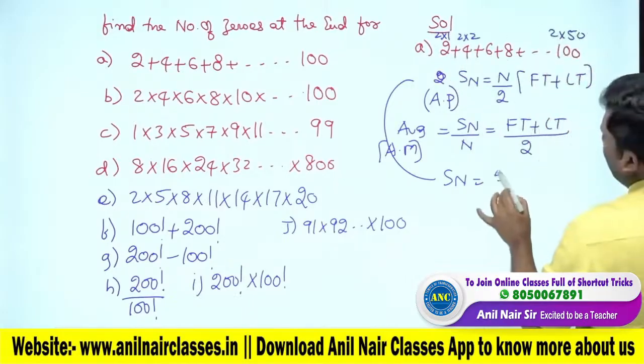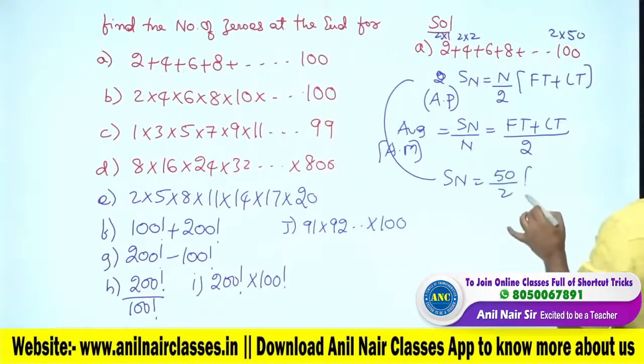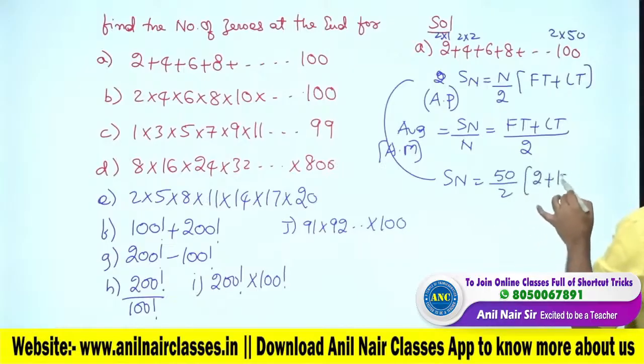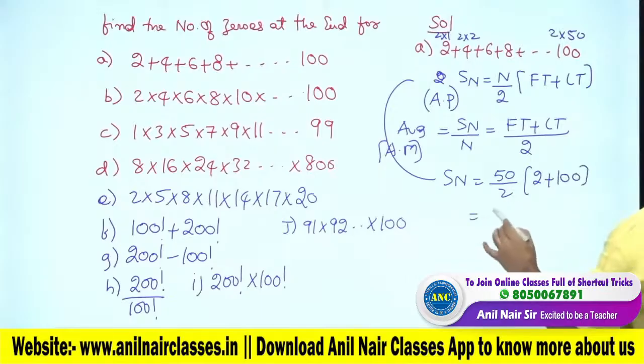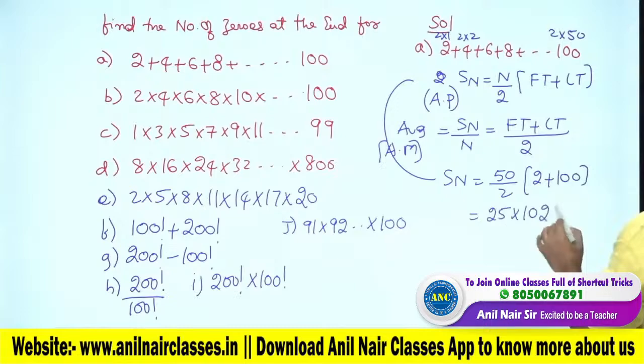Total 50 numbers are there. 50 by 2 into first term plus last term. So it is 25 into 102. Just for your understanding, I am writing it as 100 plus 2. 2500 plus 50. So answer is 2550.